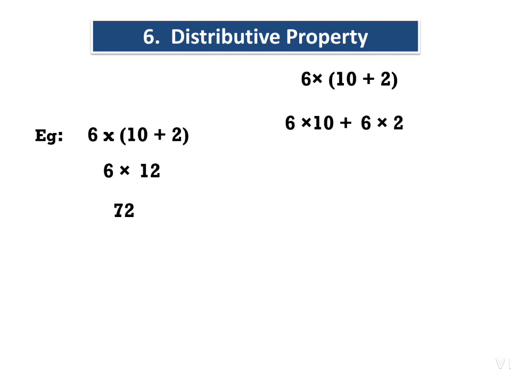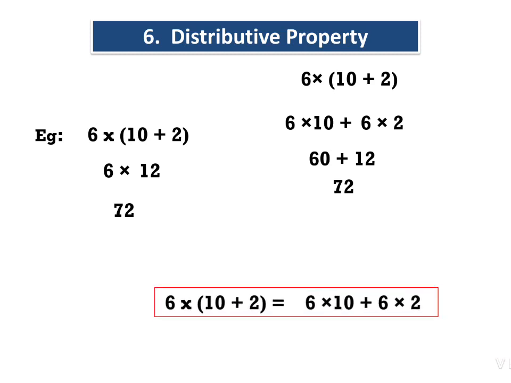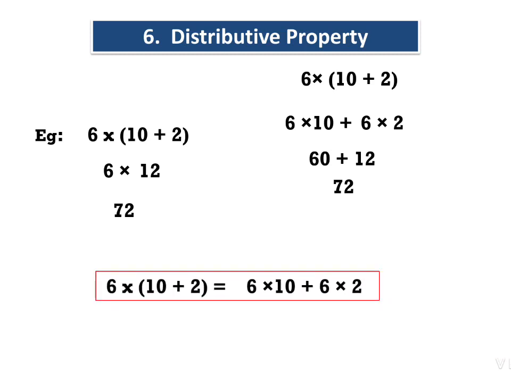This is distributive. 6 into 10 is 60, plus 6 into 2 is 12. 60 plus 12, the answer is 72. So 6 into 10 plus 2 equals 6 into 10 plus 6 into 2. We distribute 6 to both of the numbers.